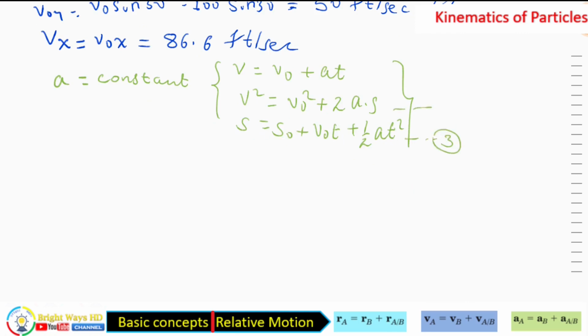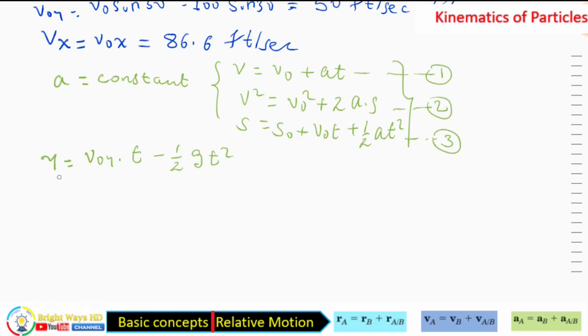Changing this into position y, y will become, there is no initial position here, v0y times t plus half at squared. In this case, the acceleration is negative gravity, so it will be minus half gt squared.